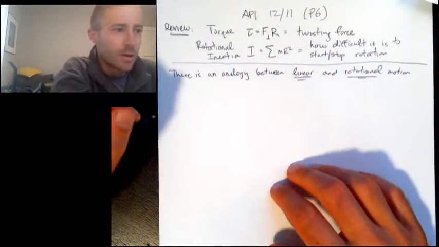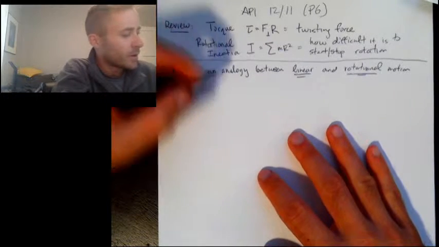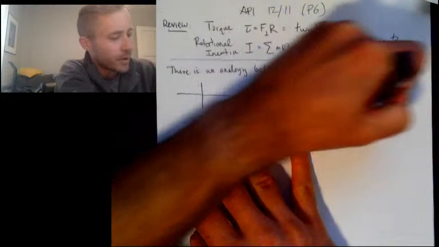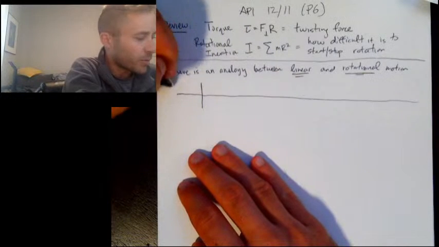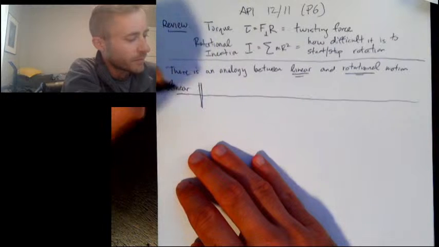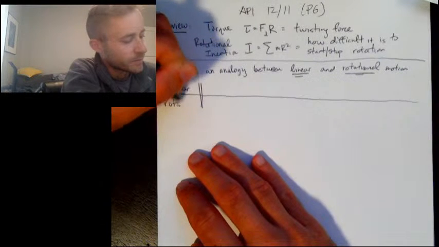Okay, so I'm going to express this analogy as a table. In the top row of the table, we're going to talk about linear motion, and in the bottom row, we're going to talk about rotational motion.